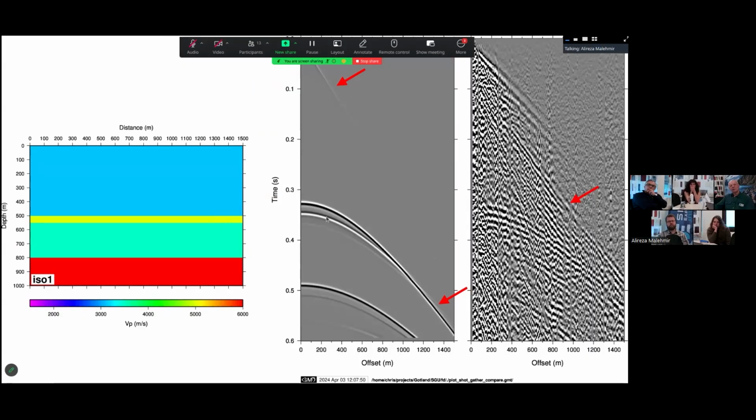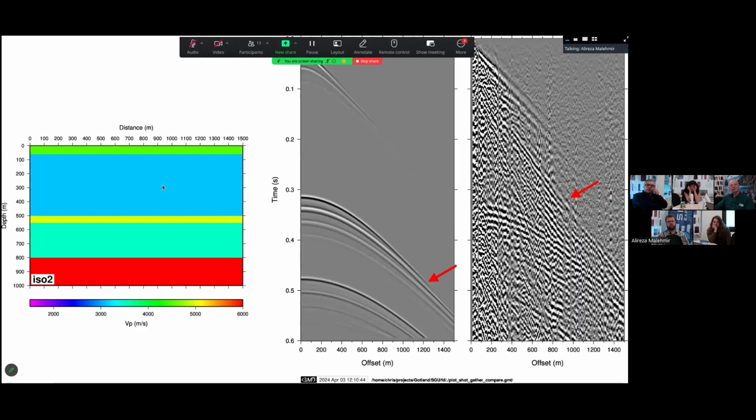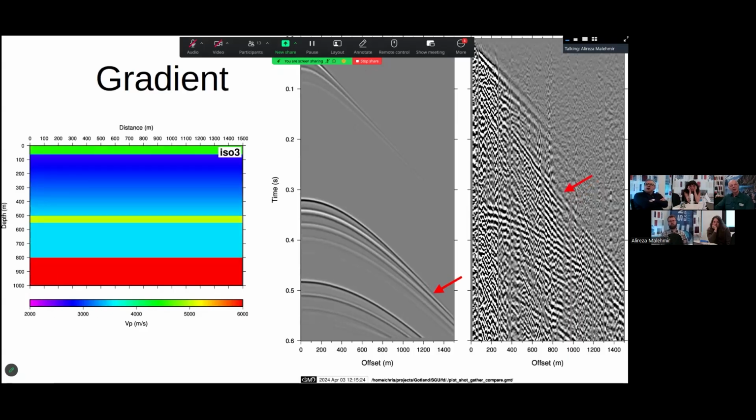But the move out on this reflection doesn't match what we see on the actual seismogram. So this doesn't work very well, as expected. If we introduce a hard or a fast upper layer, this doesn't help very much. If we introduce a gradient, it doesn't help very much either.